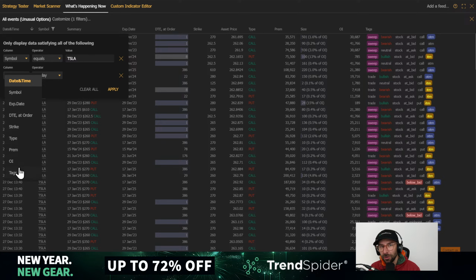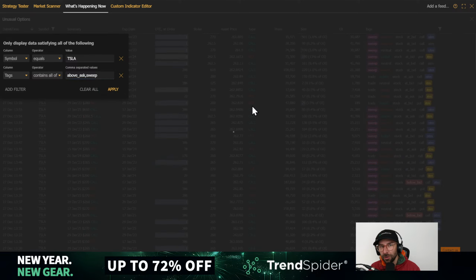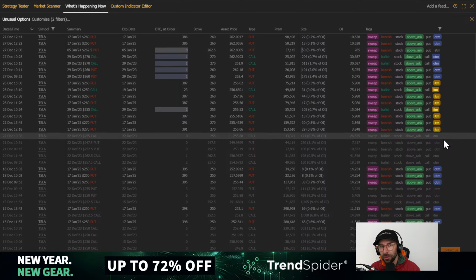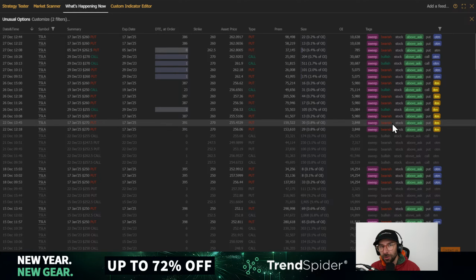If you use tags, say all of the following, and then above ask, and then sweep, this is going to filter out everything to sweeps above the ask. And this can give you an idea of where people really want to get in. Looks like it's overwhelmingly bearish over the past week or so, since the 22nd.